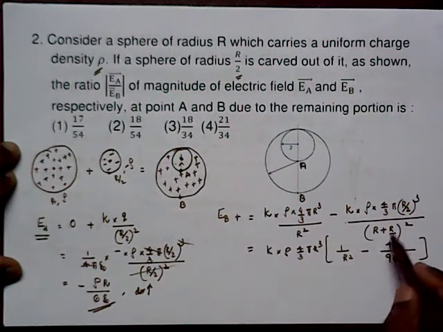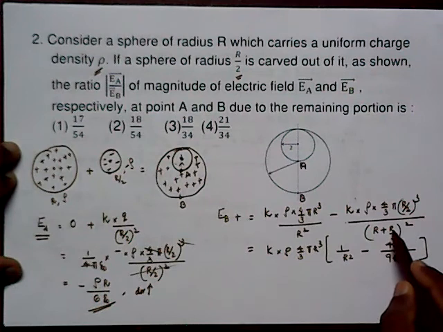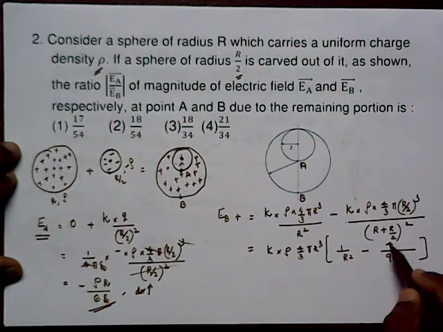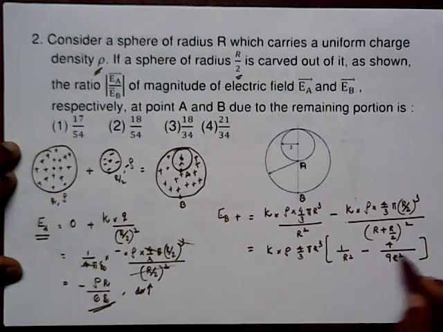Here it becomes 2 plus 1, 3 r square. So 9 r square by 4 is in the numerator. Then here 2 cube becomes 8, 8 into 3 as 24.